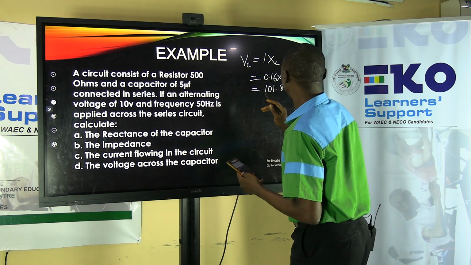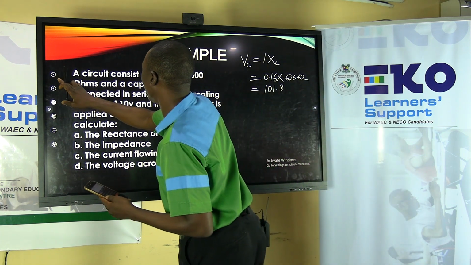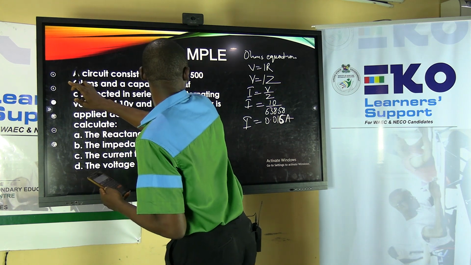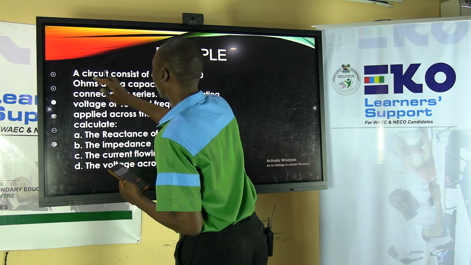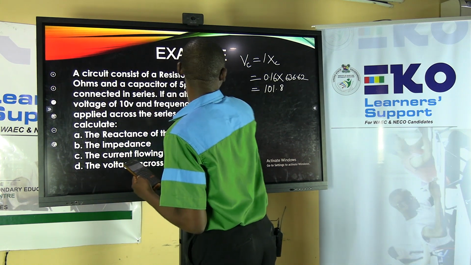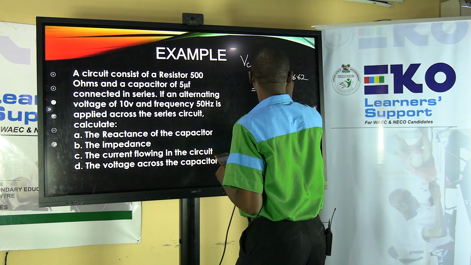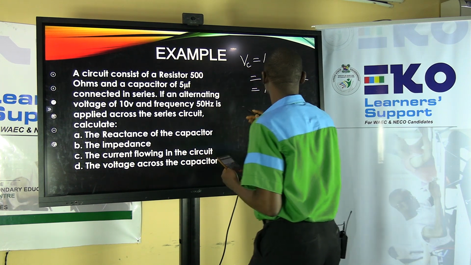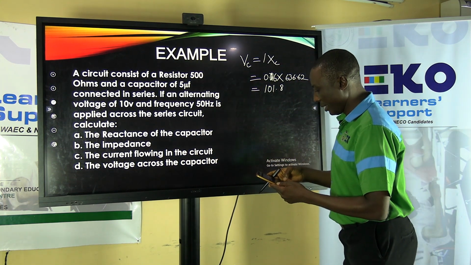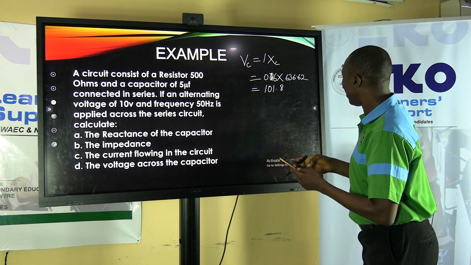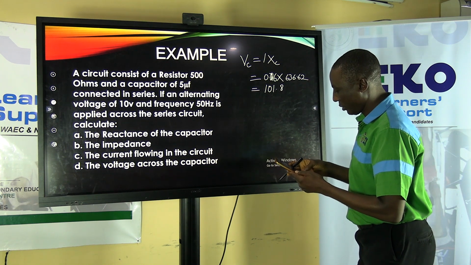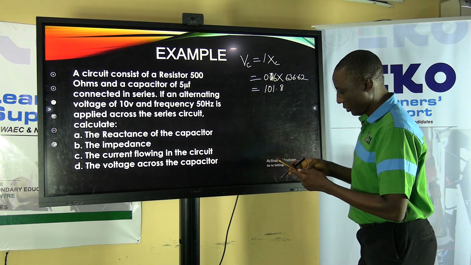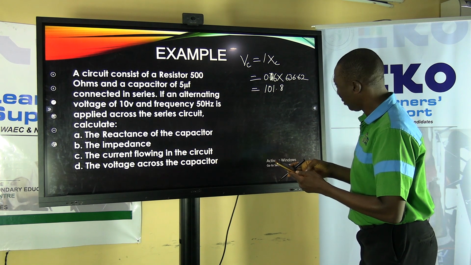Sorry, what is our current? There is supposed to be 0.016, so there is a mistake there that we have to correct. 0.016 times 636.62.